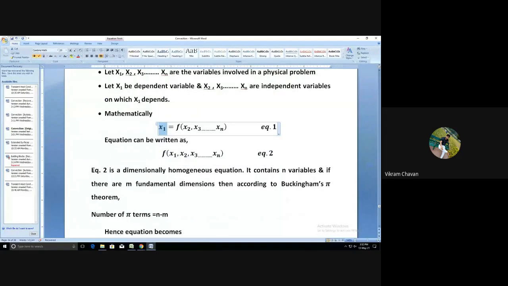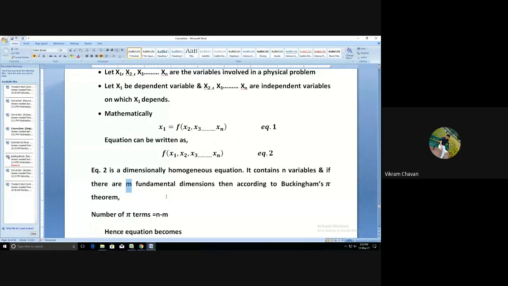Now how many variables are included in this equation? In generalized form, there are n variables, from x1 to xn, and there are m fundamental dimensions. Let us consider that out of 4 fundamental dimensions, the physical phenomenon contains 3 or 2 dimensions.